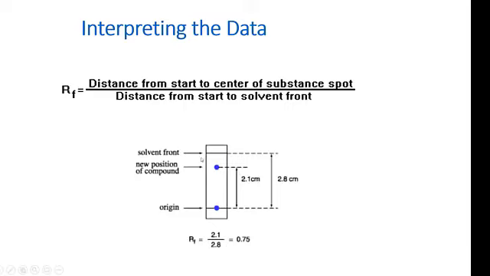Similarly, the distance of the solvent front from the origin line is 2.8 centimeter. When you calculate the RF value, it is 0.75. So RF values of the same compounds in a TLC plate in a particular mobile phase are the same. And based on that, you will conclude your results.